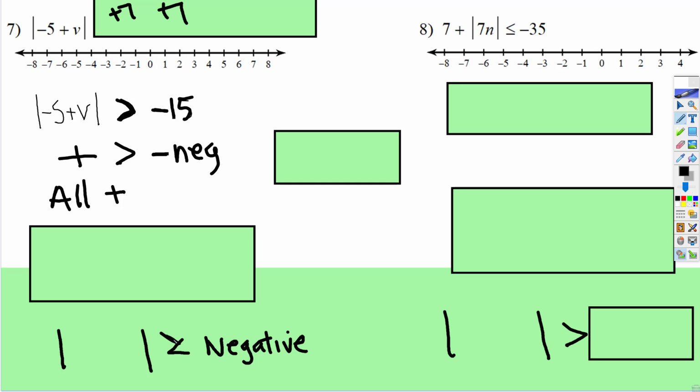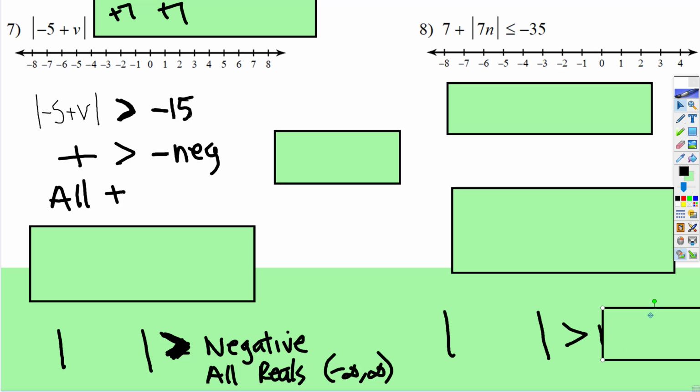So when you have an absolute value greater than a negative number, the answer is going to be all reals. And one way to write that would be negative infinity to positive infinity.